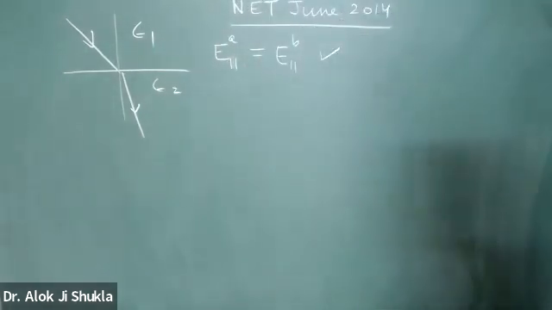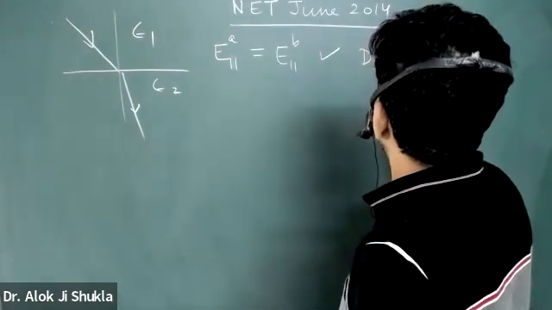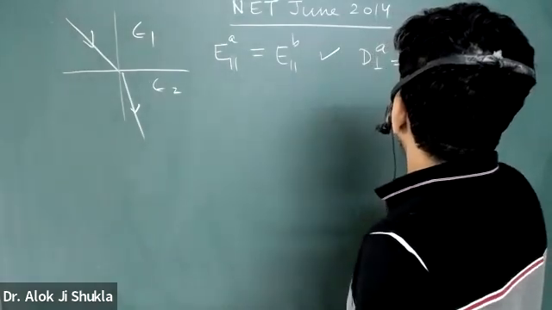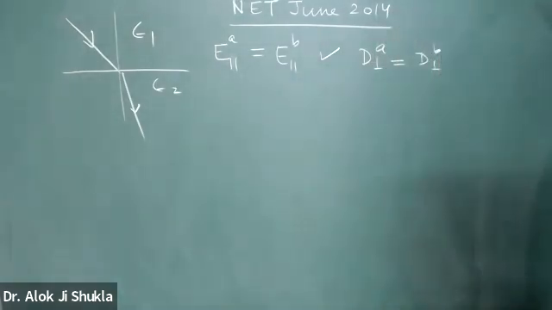There is no involvement of charge in this. And D perpendicular above is equal to D perpendicular below, because in this the free charge is involved, which is 0.